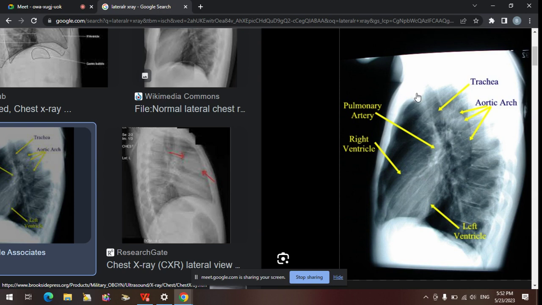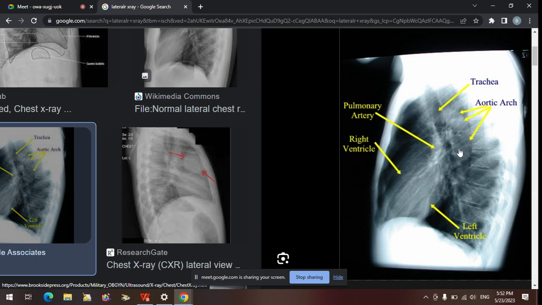So the thymus is just centrally up. Then lymph nodes too will be there. Then we have the trachea. We can see the trachea already in the middle compartment. The heart too will be in the middle compartment. We can see the aortic arch that is being labeled.